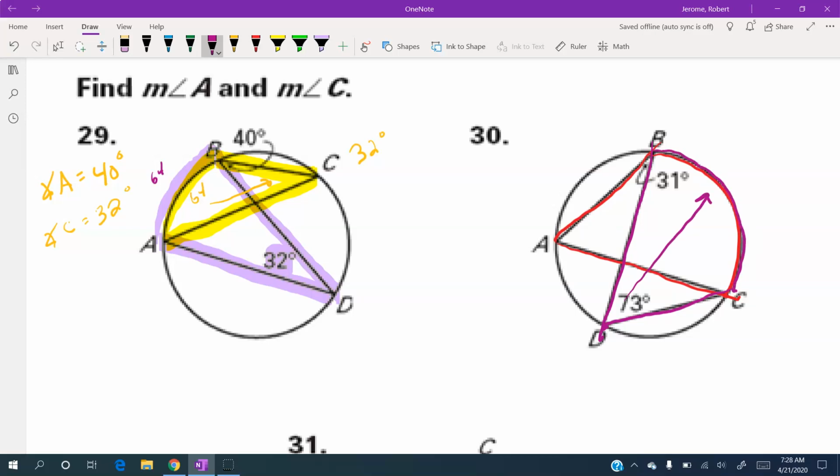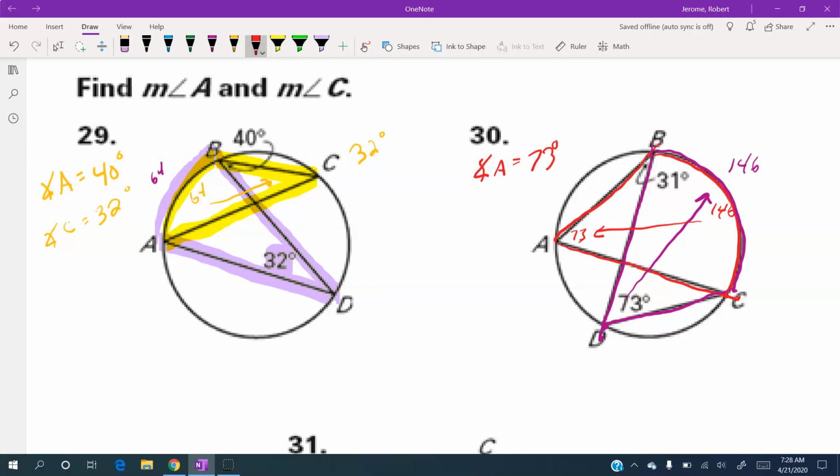Notice how I'm tracing them in both colors. So 73 times 2 is 146. But I'm going to take that same arc, which is 146, and trace it back to the angle and get 73. So angle A is 73 degrees.